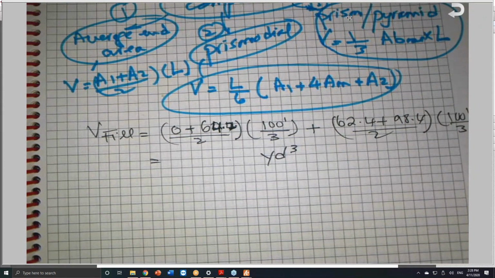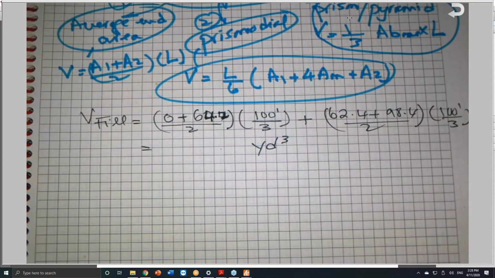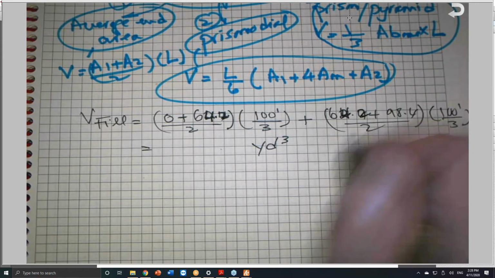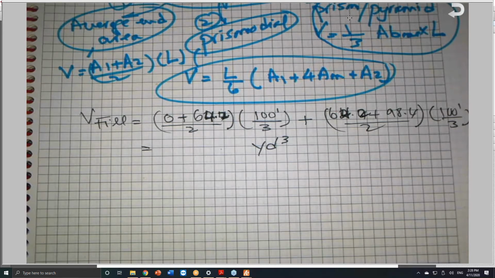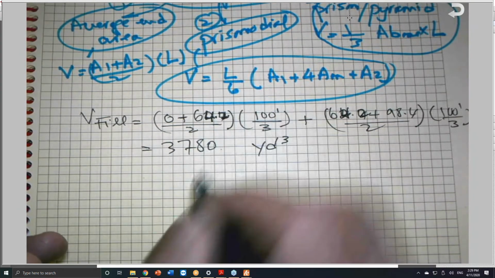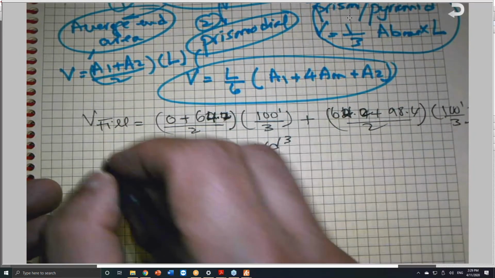It is 64.2. So if you calculate the volume for this, you will find: 64.2, enter, plus 0.5 times 100 times 3 divided, and the other one, 64.2, enter, plus 98.4 times 0.5 times 100 times 3 divided, and the plus. This will give us 3780. This is the volume of the fill.